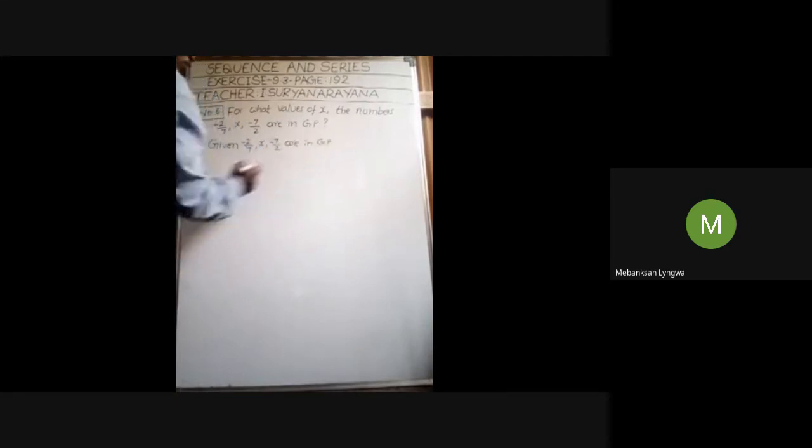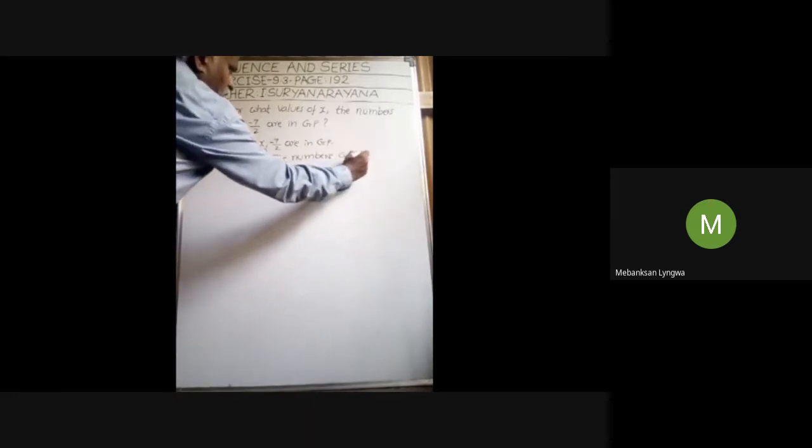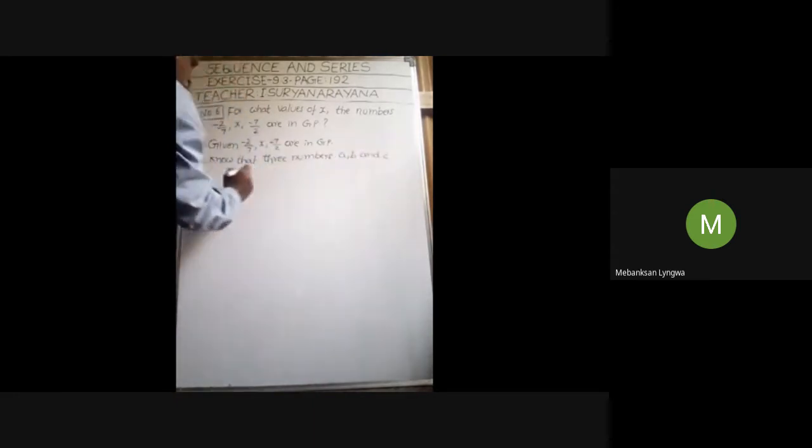First, let us write the given data. Given: minus 2 by 7, x, minus 7 by 2 are in geometric progression. We know that three numbers A, B and C in geometric progression imply B square is equal to AC.